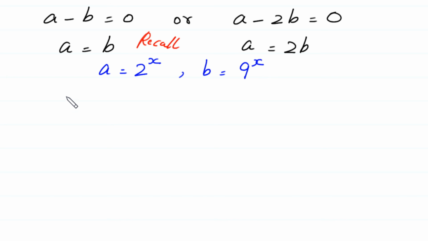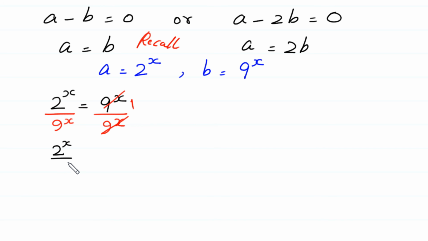The value of a is 2 to the power x is equal to, and value of b is 9 to the power x, and we divide both sides by 9 to the power x. This 9 to the power x will be cancelled with this 9 to the power x, and here left 1. So 2 to the power x over 9 to the power x is equal to 1.